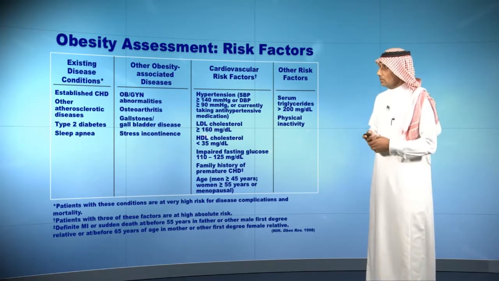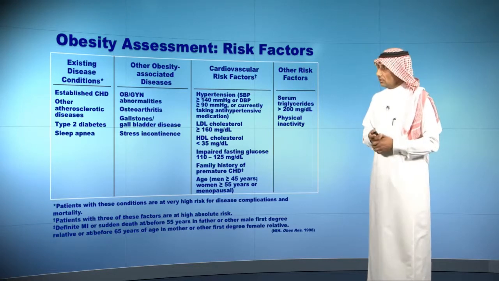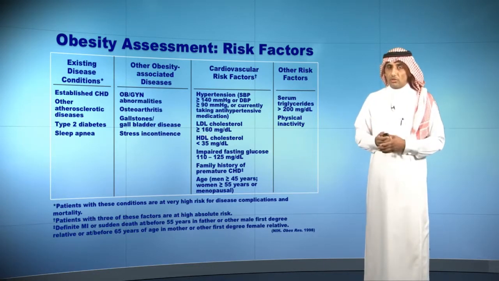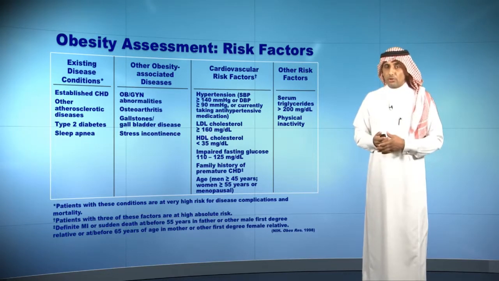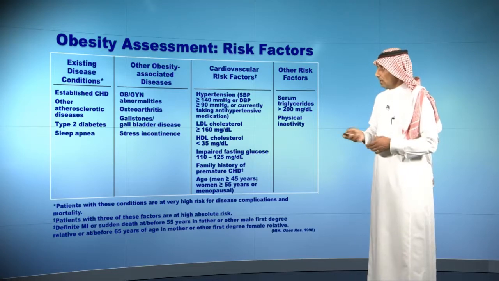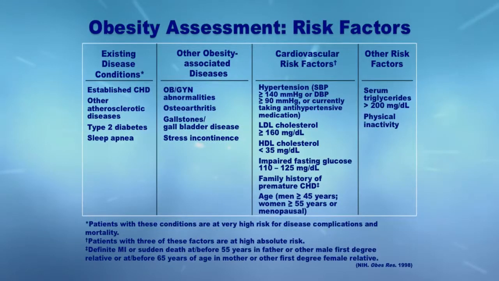From other obesity, this could give you osteoarthritis, gallstones, gallbladder disease. Cardiovascular disease, as we mentioned, is mostly related to high blood pressure secondary to obesity. Other risks are increasing blood cholesterol and decreasing physical activity.